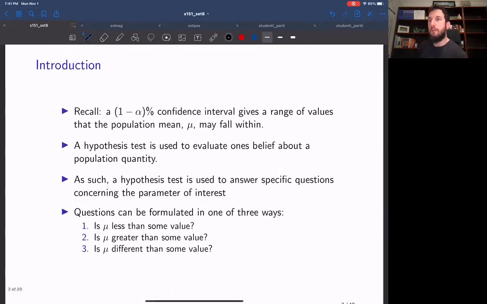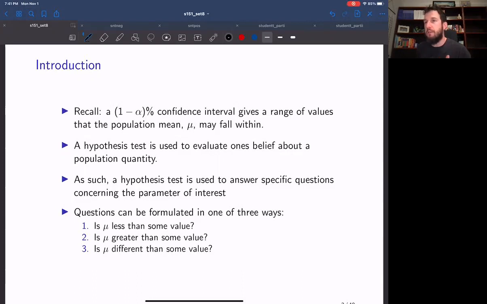Okay, so the hypothesis test is the second type of statistical inferential procedure that we're learning about in this class. The first was the confidence interval. You will recall that the confidence interval gives us 2 numbers that we are confident the population mean falls between.